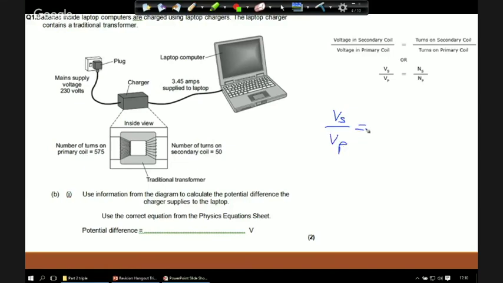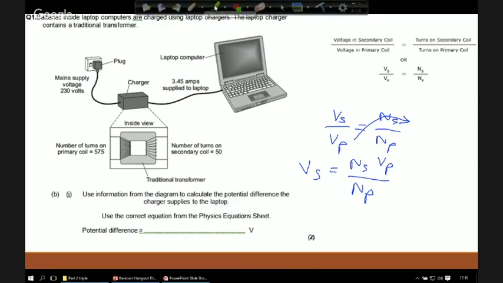I divide it by my voltage on the primary, and that's going to be NS and NP. Well, because I put my voltage on the secondary up on this top here, I can simply move my voltage on the primary up here. So Vs equals NS Vp over Np. So that's my number of turns on the secondary times the voltage on the primary divided by the number of turns on the primary.